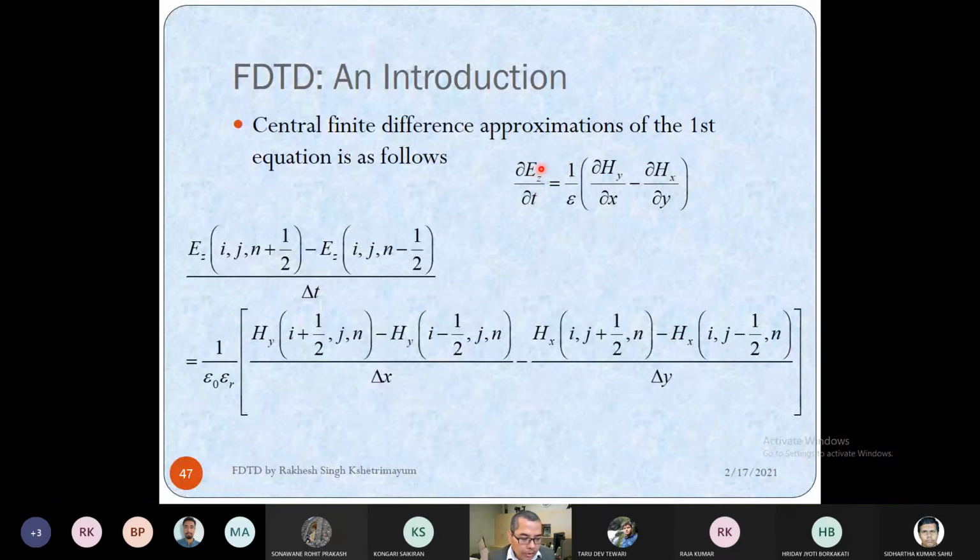It is a partial derivative, so we will do only differentiation with respect to time, Ez at n plus half and n minus half divided by delta t. What was the location for Ez? Ez was i, j, n plus half and n minus half divided by delta t. And look at this term here in the right hand side, first term here. Let us look at it.